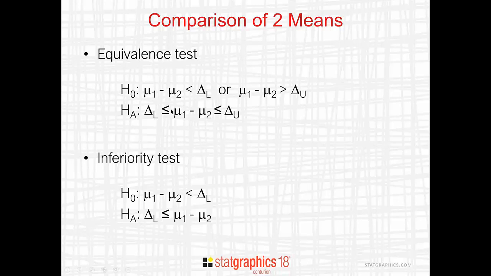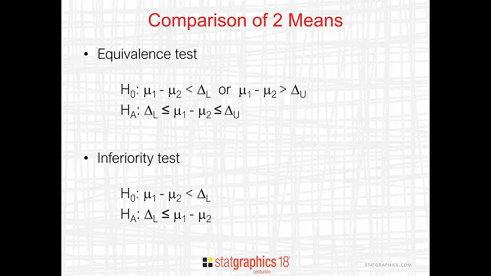As a null hypothesis, we have the following. If this is the alternative that I'd like to demonstrate, the null hypothesis would be that the difference is less than some lower equivalence limit or greater than some upper equivalence limit. So there are actually two parts to the null hypothesis. The null hypothesis says that the difference is either less than some lower value, which would be negative, or greater than some upper value, which would be positive.